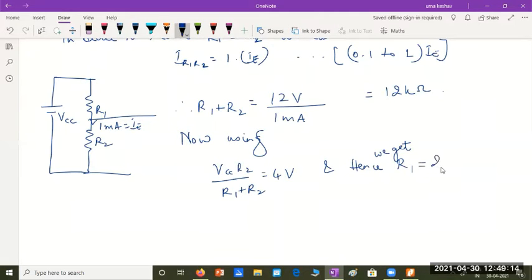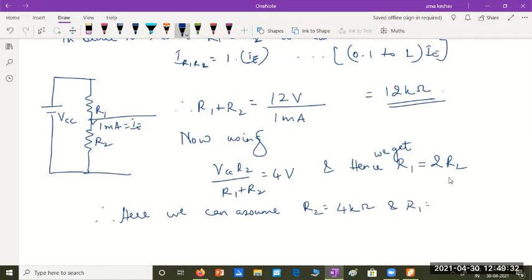We get R1 will become twice R2. Therefore, here we can assume smaller values. The total itself is small, 12K. So we can assume R2 to be 4K and R1 will be twice of 4K, 8 kilo ohms.